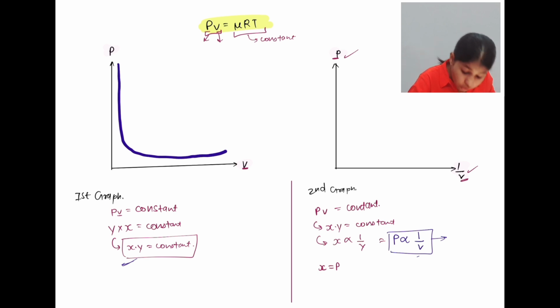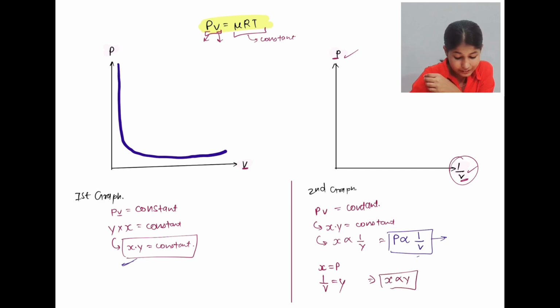But in case of 1 by V, it is not saying only V. So can I write 1 by V as y? Yes, because it is taking the whole value 1 by V. So can I write that now x will be directly proportional to y, which will give the graph that is a straight line?